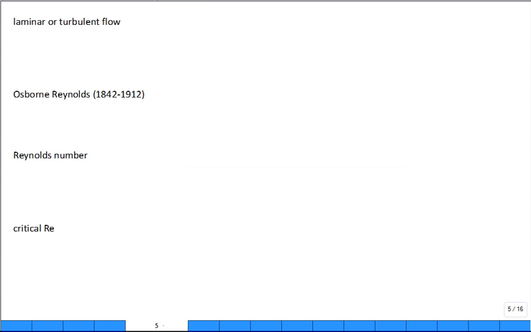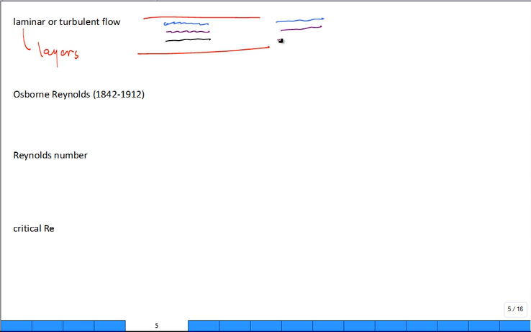What's the difference between laminar flow and turbulent flow? Laminar comes from the word like layers. So if you have a layer of fluid going down the pipe, the blue layer here, the purple layer here, and the black layer here, later on down the pipe, the blue layer is still there, and the purple layer is still there, and the black layer is still there.